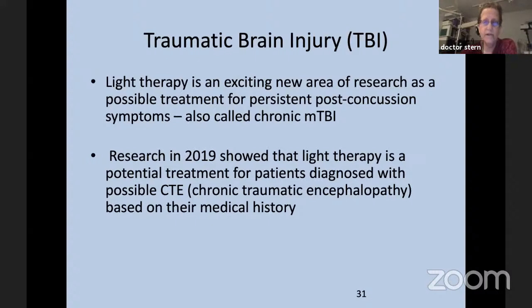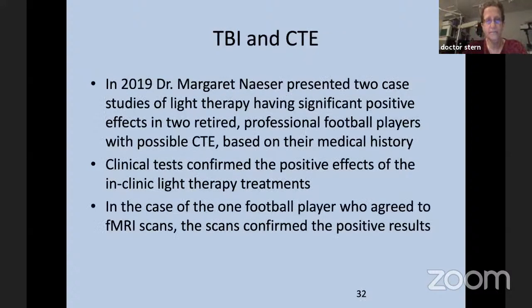And what they've been finding is that light therapy can be helpful for that. And you'll see in a minute, it has potential, which has just come out in the last year, also for Alzheimer's disease, which is an accumulation of tau in the brain.